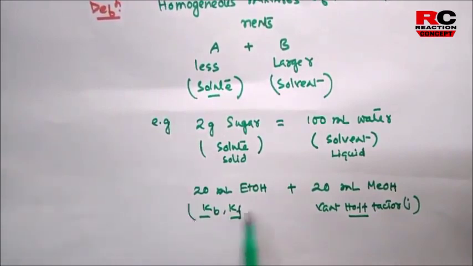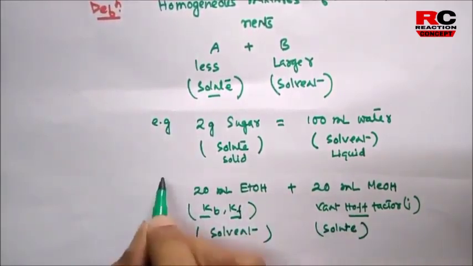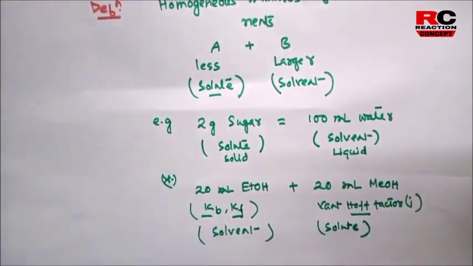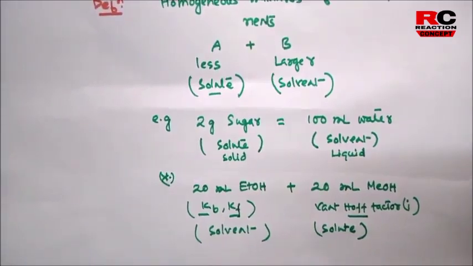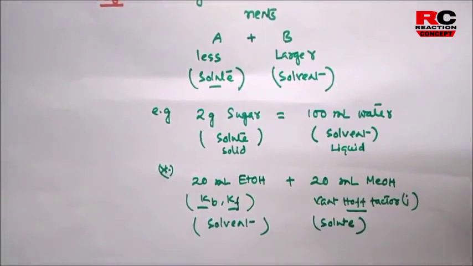Then the component with respect to which these constants are given can be considered as solvent, and the other can be considered as solute of the solution. This is how you can distinguish in a mixture which one is solute and which one is solvent.